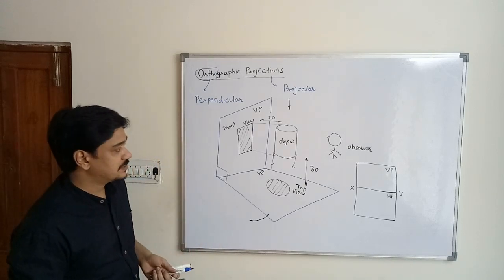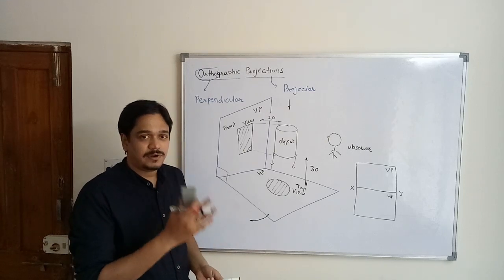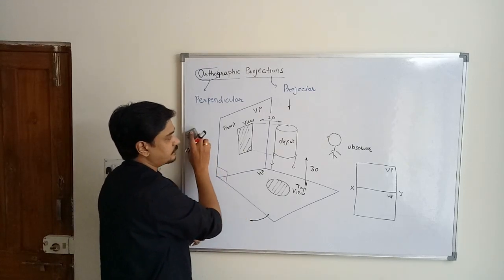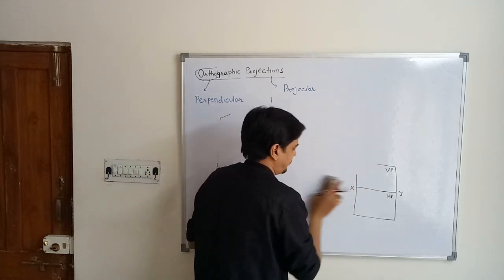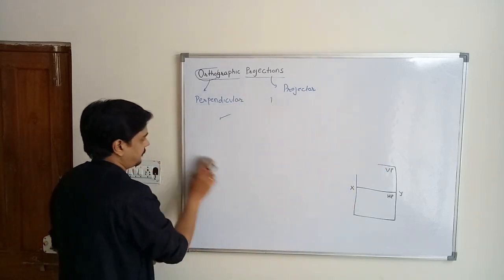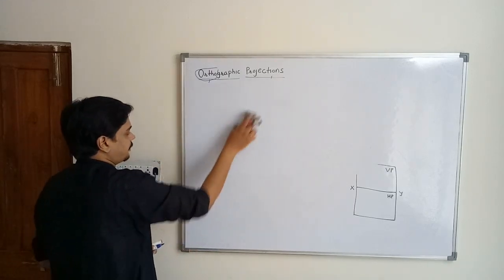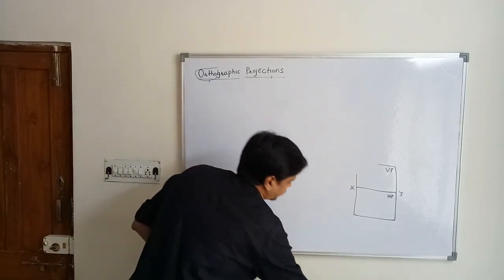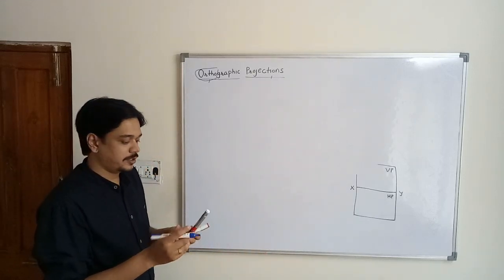So now we will start with the projection of point and projection of lines. So first we will see the projection of point.